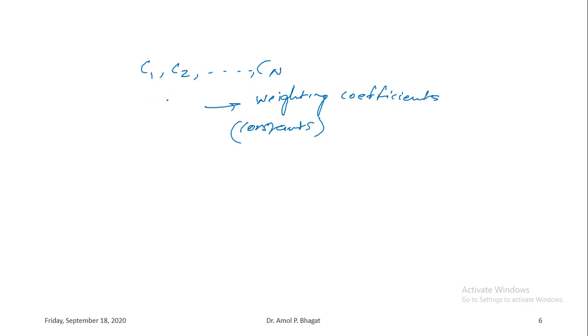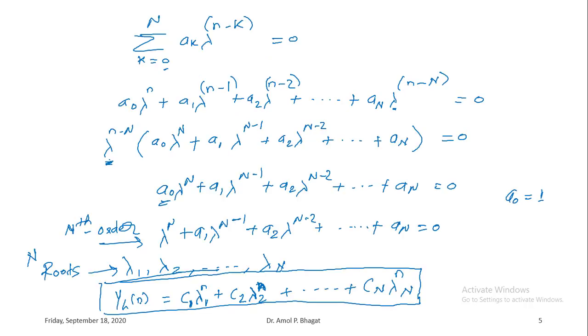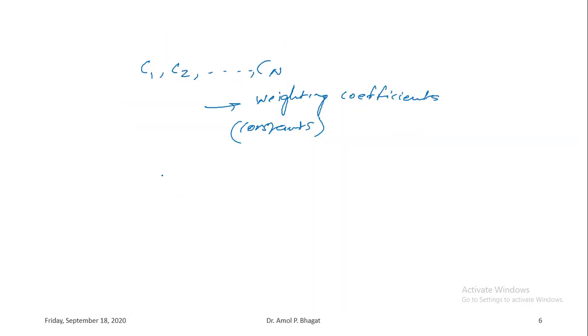But while identifying these constants, again you will be assuming input x of n is equal to 0, right? After identifying the values of c1, c2, cn, you will substitute these values in the equation of the homogeneous solution, and that homogeneous solution will be simply called the zero input response, that is y zi of n.